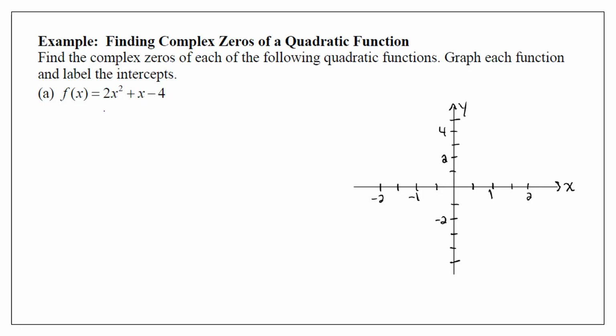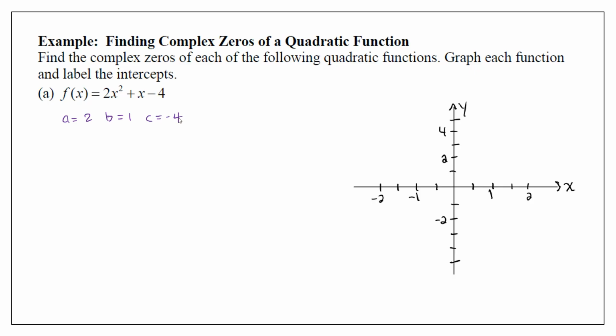Let's first identify what our a, b, and c are in our equation. So our a is going to be 2, our b is going to be 1, and c is going to be negative 4. Those are the coefficients in this function.